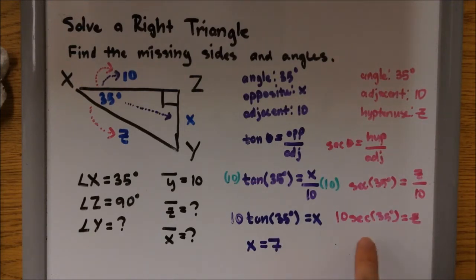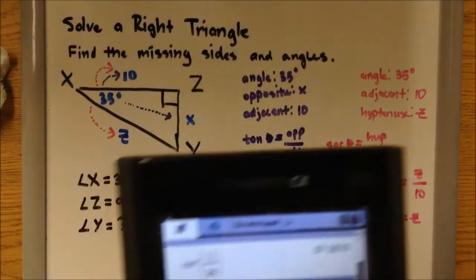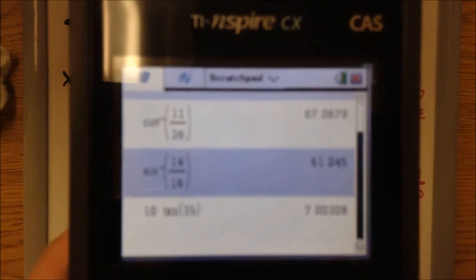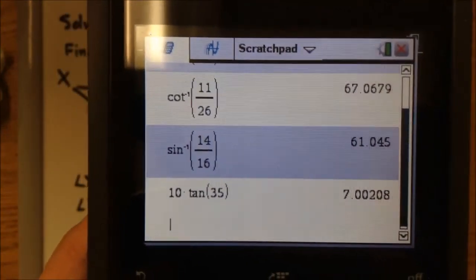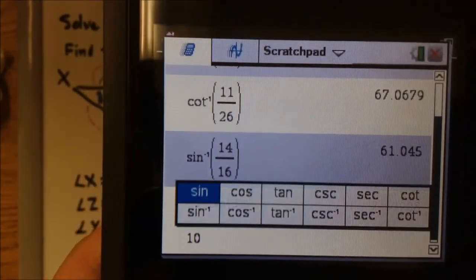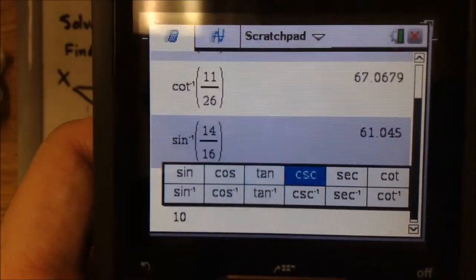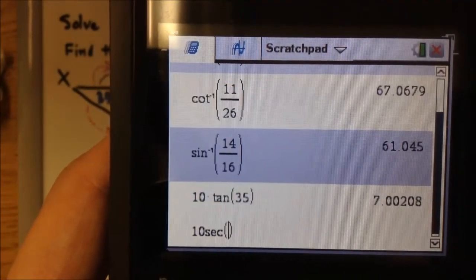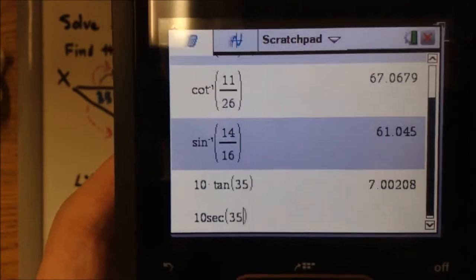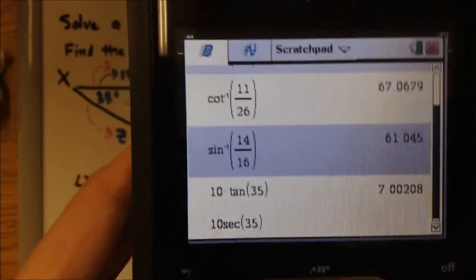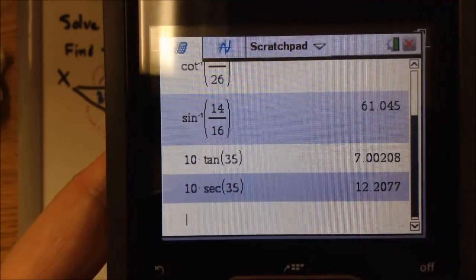Now let's do 10 secant of 35 for z. So going back to the calculator, I'm going to hit 10, trig, go to secant, then type in 35 degrees, exit parenthesis, hit control, enter.